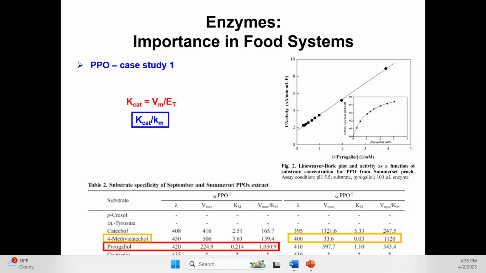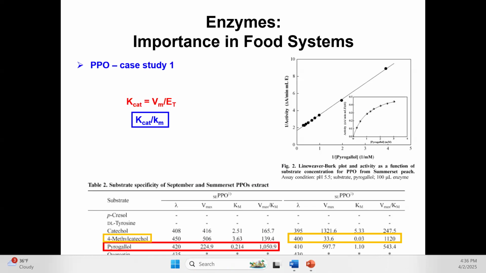So they did the kinetics, calculated your Vmax, Km, and also the catalytic efficiency, and plotted Lineweaver-Burk plot. And then they determined that for one enzyme, they differed in the substrate. So one enzyme had this yellow box, the other enzyme wanted this other substrate.